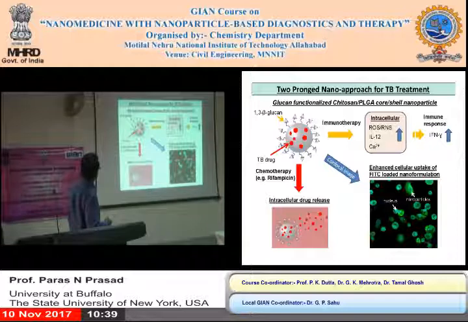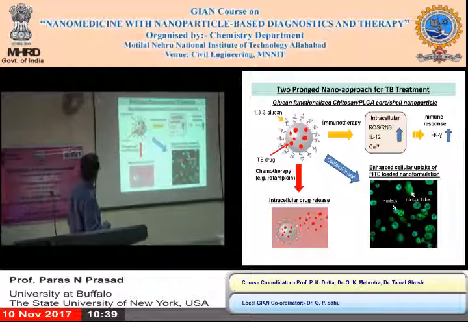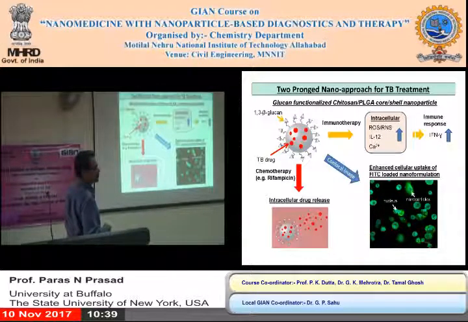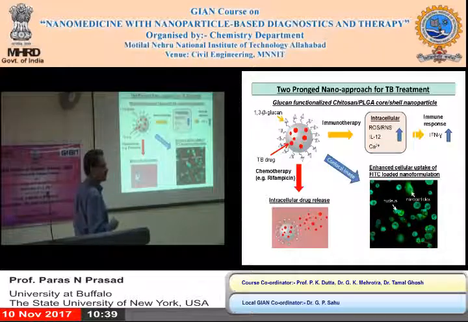Okay. So this is one of the nano formulations we made for tuberculosis, where we utilized this kind of configuration where we had a core made of PLGA, a polymeric nanoparticle. And PLGA is hydrophobic mainly, and so that trapped some of the chemotherapeutic agent used for tuberculosis. One of them is rifampicin, which is very extensively used.